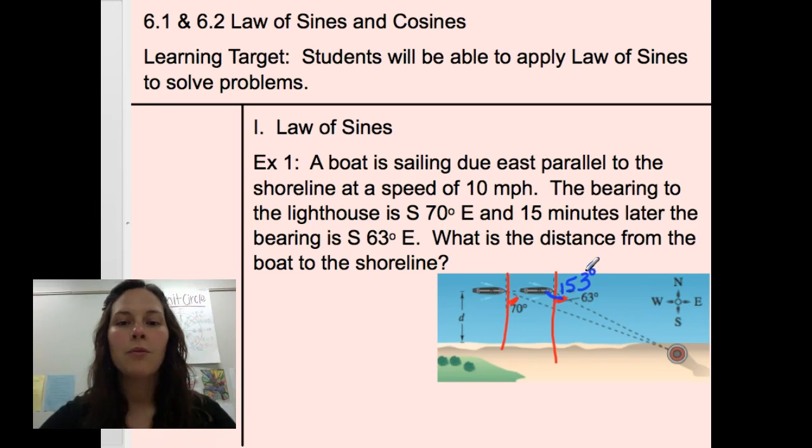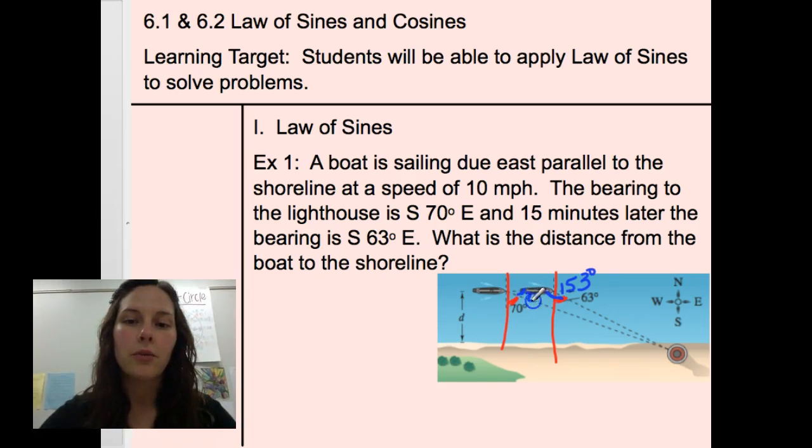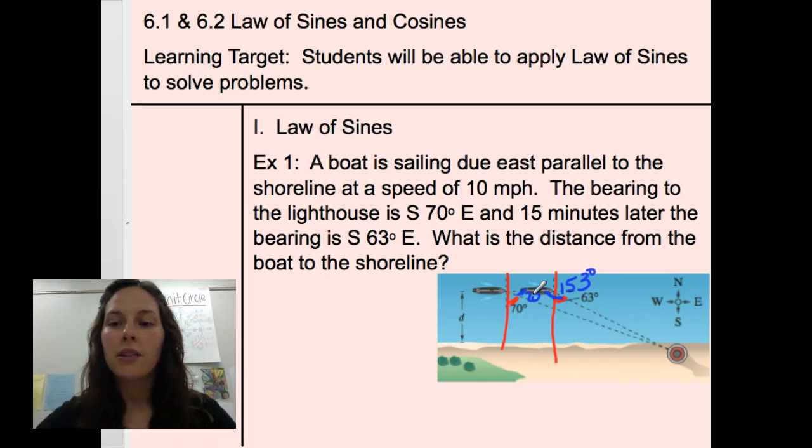The other thing I did was find the angle inside the triangle at that second bearing. Again, using that north-south line is 90 degrees, subtracting 70 from 90 degrees, I was left with a 20-degree angle. And then using the triangle sum theorem, I was able to get the angle at the lighthouse of 7 degrees. So again, 180 degrees in a triangle.